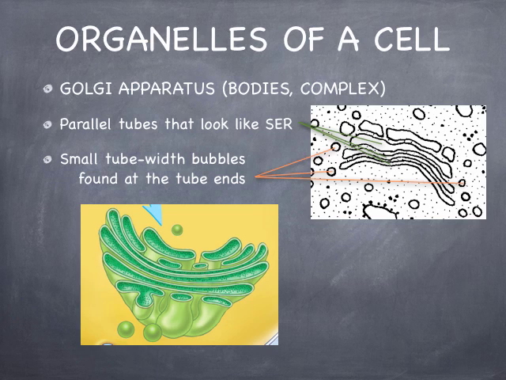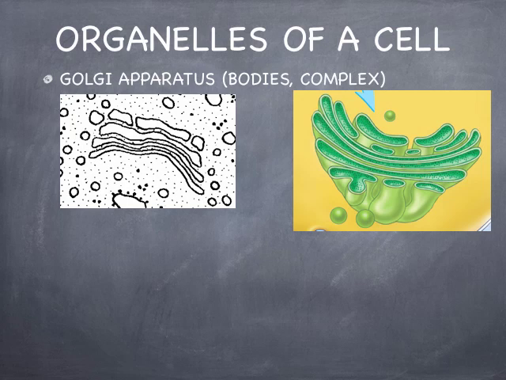So, Golgi apparatus has a distinct look to it. Doesn't look like any other of the organelles in the cytoplasm, although part of it might resemble smooth endoplasmic reticulum. But if you know what you're looking at, they're not easily confused.